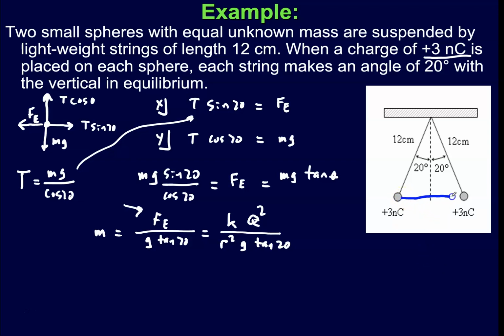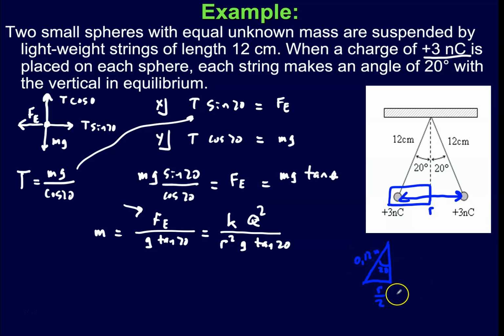Okay, so hopefully you got this. This is what I call the R right here. And what we can do is find half of it, this length right here, by looking at this triangle. So that triangle there, this side over here is R divided by 2, this is our 20 degrees, and we know that this is 12 centimeters, which I'm going to write as 0.12 meters.